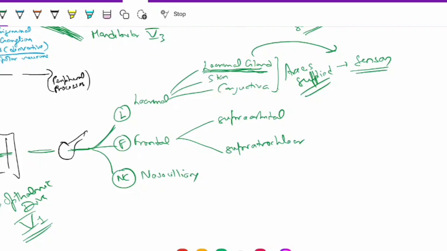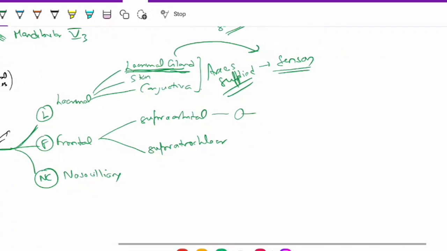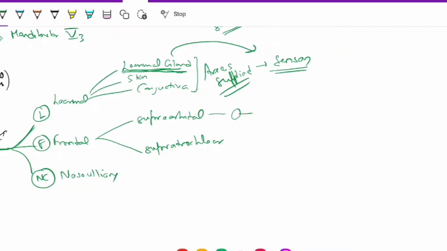Supraorbital goes through a notch known as the supraorbital notch, and it supplies some structures. First is some areas of the frontal sinus, skin over the forehead, and a little bit of the upper eyelid.